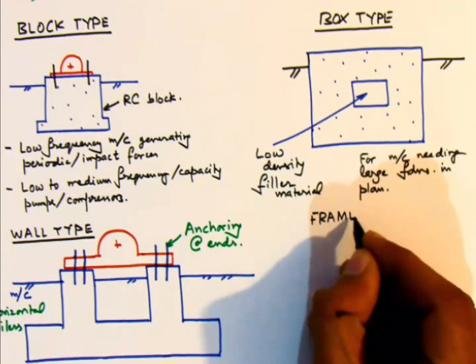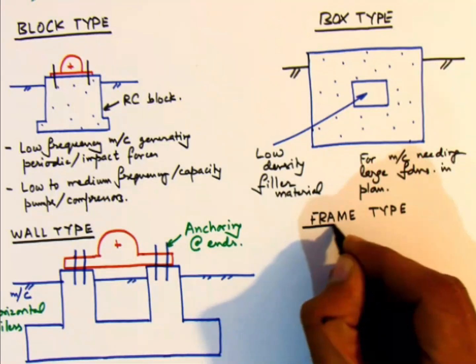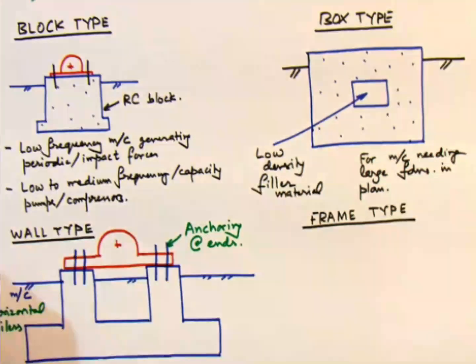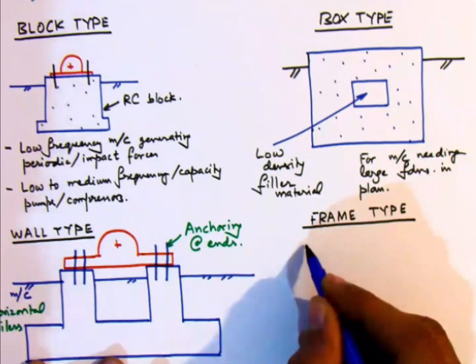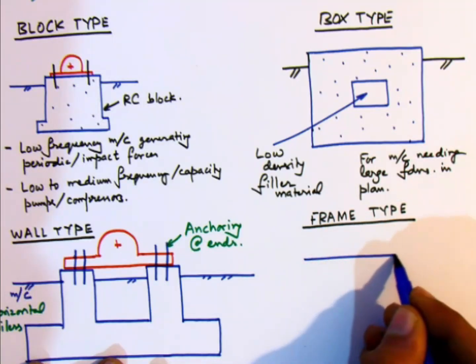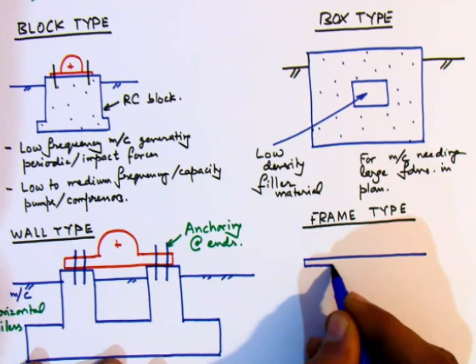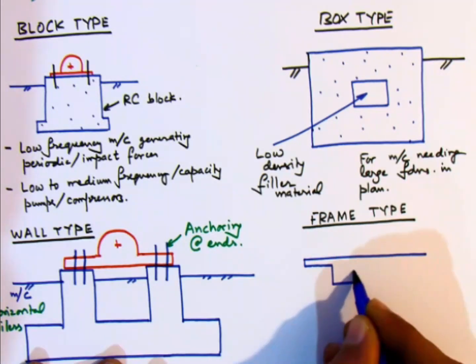Now besides the block type, box type and wall type, we have frame type of foundations. Essentially, such kind of foundations are full-fledged frames in themselves.